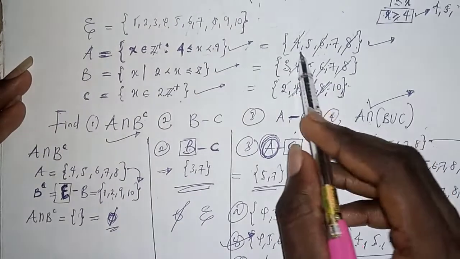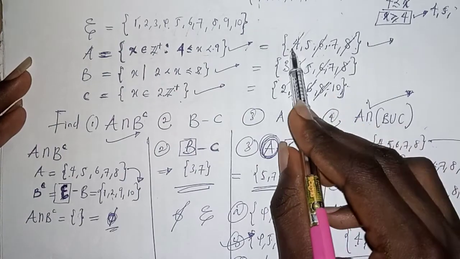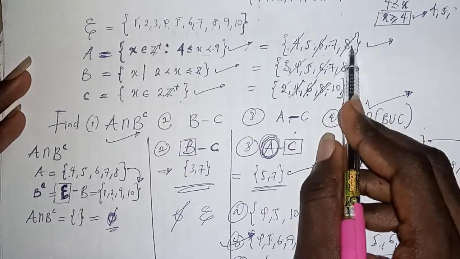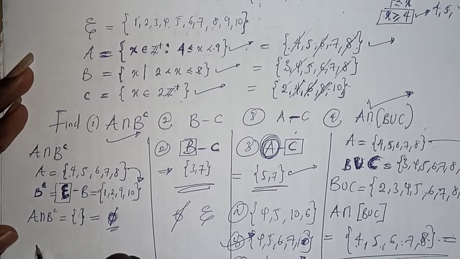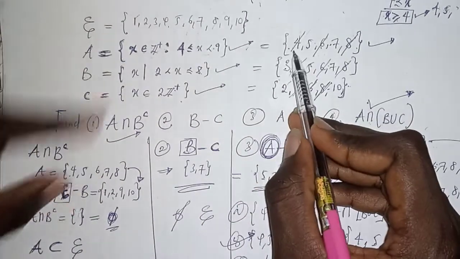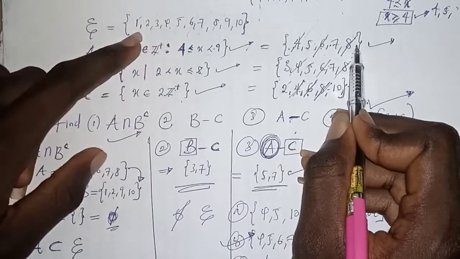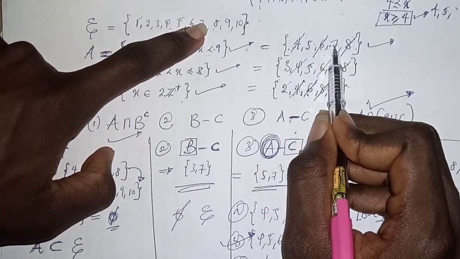I have 4, 5, 6, 7, 8. Trivially, I can easily tell you that A is a proper subset of the universal set I have above, because I have 4 in the universal set, I have 5, I have 6, I have 7, I have 8.